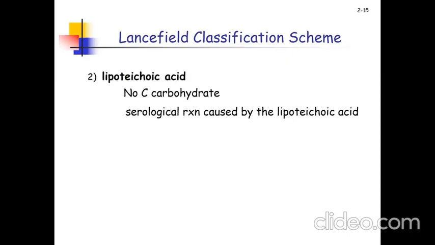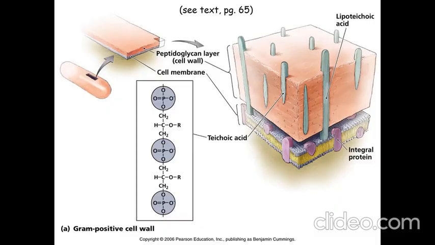The next group that we'll categorize by is the lipoteichoic acid ones. These have no C carbohydrate in them, and since they have no C carbohydrate at all, we're looking for a serological reaction that's based on that lipoteichoic acid instead. This lipoteichoic acid is a cell membrane component.